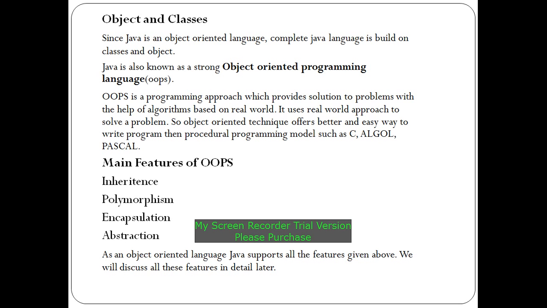OOPS is a programming approach which provides solutions to problems with the help of algorithms based on the real world. It uses a real world approach to solve a problem. So the object oriented technique offers a better and easier way to write programs than procedural programming models such as C, ALGOL, Pascal.